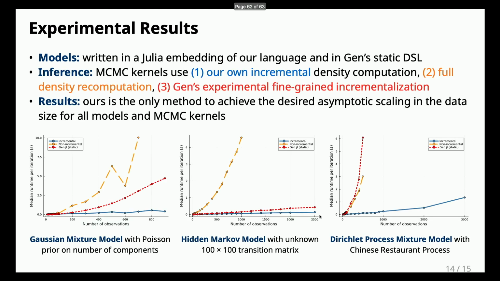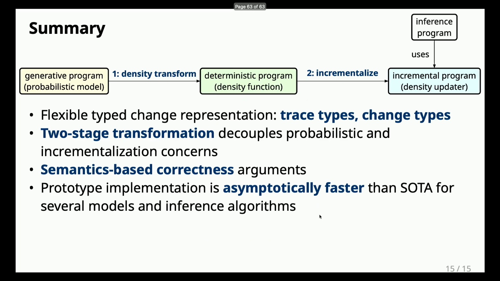And we implemented a couple of MCMC kernels. And the takeaway is that our method in blue is the only one that achieves the desired asymptotic scaling in the data size for all models and kernels. Yeah. Thanks for listening, and look forward to questions.